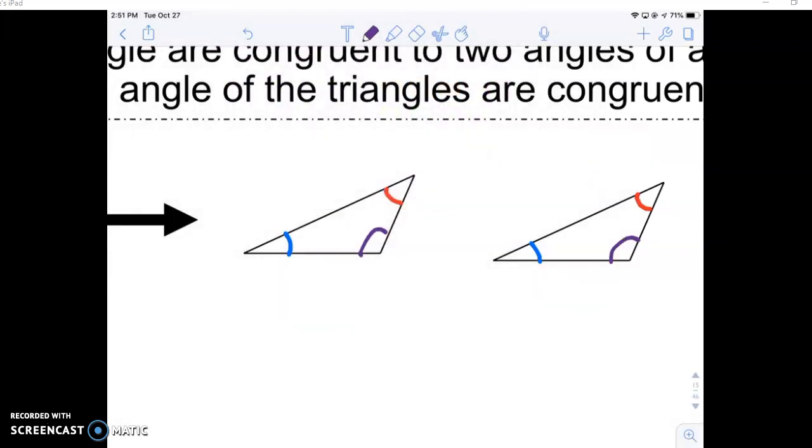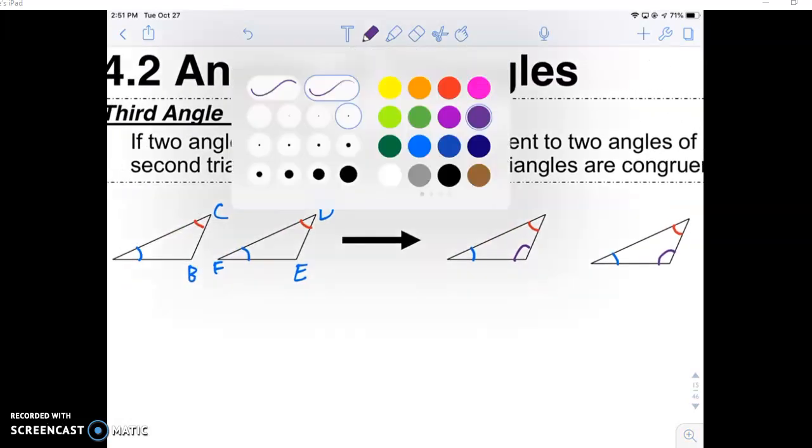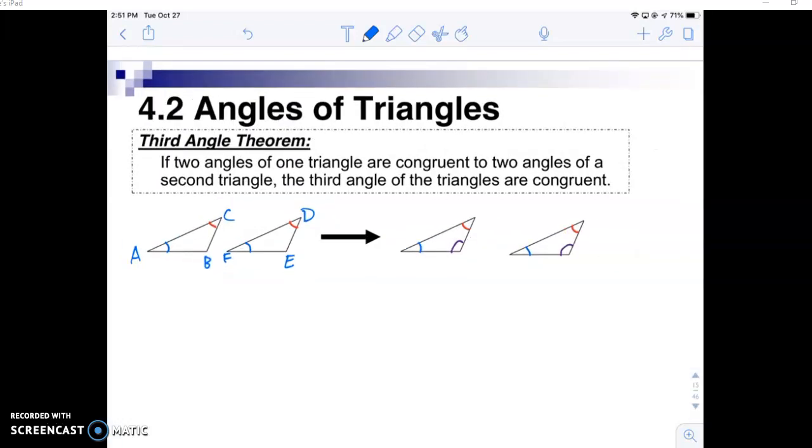If you have two triangles next to each other and you know that two of those angles are the same, we can conclude that the third angle is the same, because remember, all triangles need to add up to 180 degrees. So that's the second theorem that we're looking at.